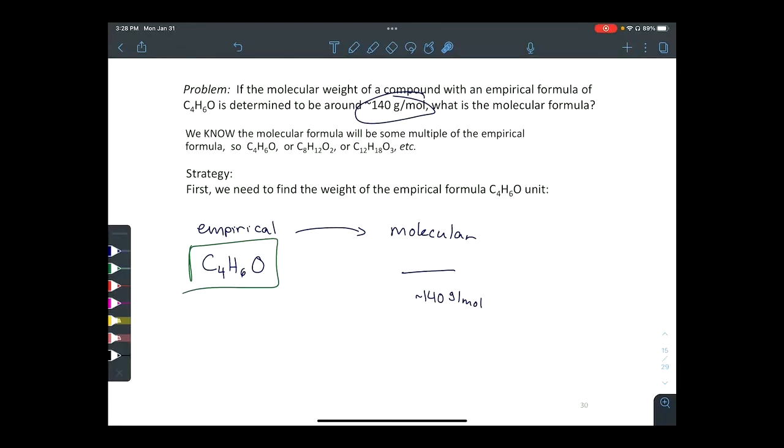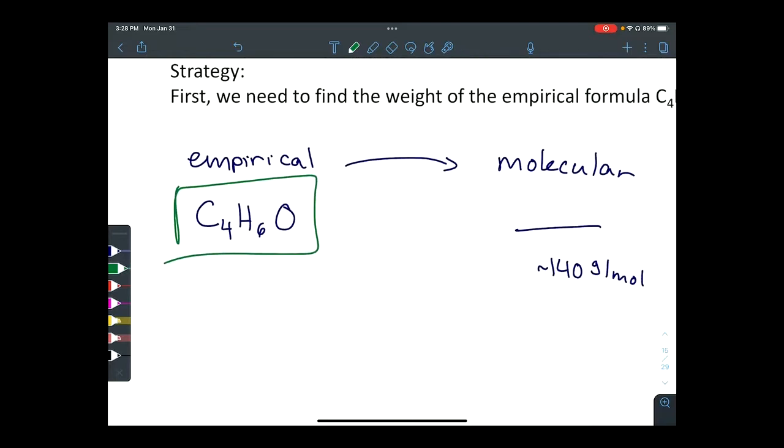And so the strategy here is, I know that the molecular formula will be some multiple of the empirical, right? Either times 2, times 3, times 4. We are given the mass of the whole molecule. So if we compare the mass of the empirical to the mass of the whole molecule, we can figure out what that multiplier is. You can just do a back-of-envelope type of calculation.